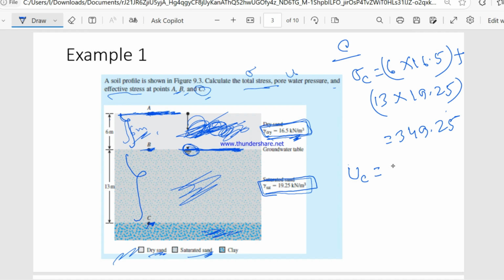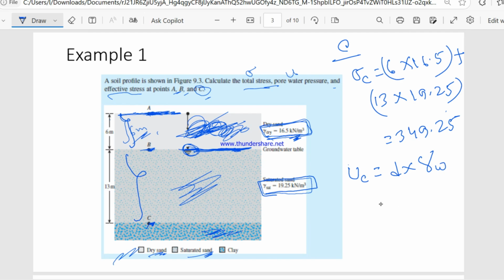This is not going to be 0. This is the groundwater level and point C is located below it. So the pore water pressure will be distance into gamma W, since this is water.